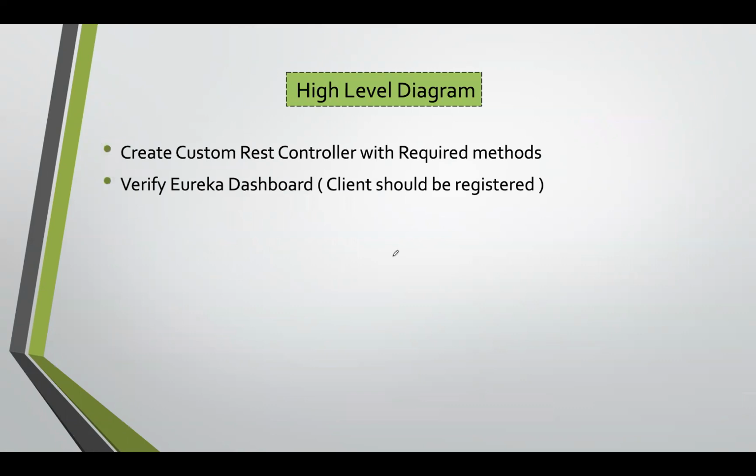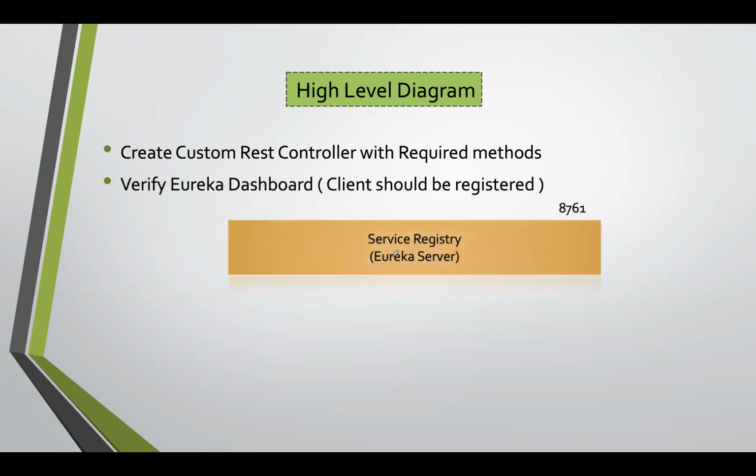Once you create two services, we will create two services in this project, because we can take it as an e-commerce based application. One is the service registry, which we already developed in the previous video. 8761 is the default port number for the service registry. This is the Eureka server.